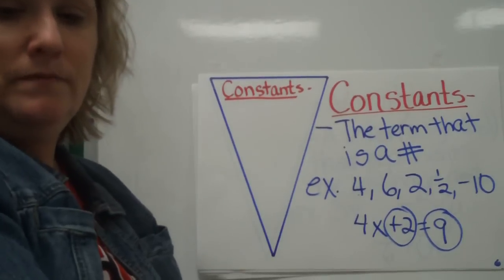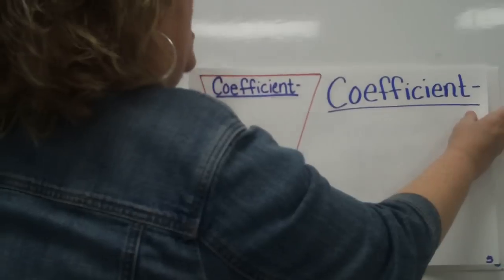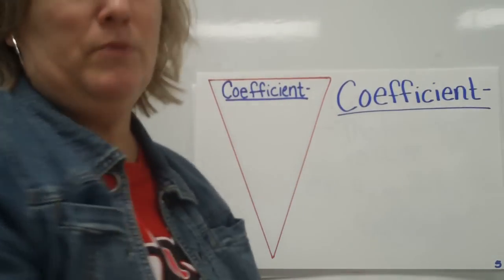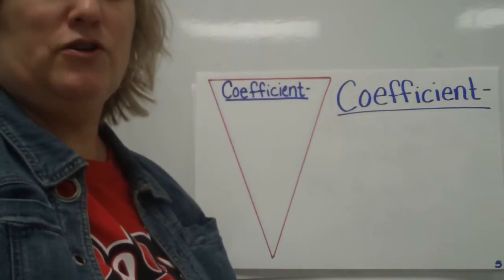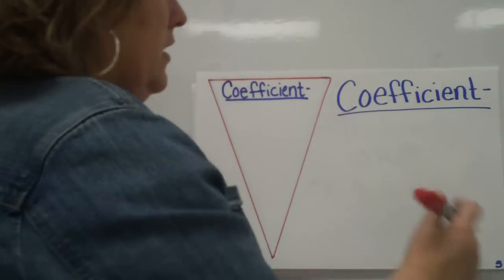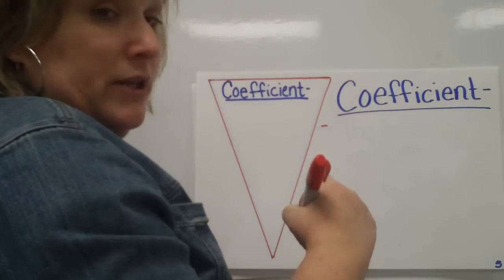Okay, the next one would be a coefficient. We'll use this term a lot, so you really need to make sure you understand what a coefficient is. All a coefficient is, it's the number value in front of a variable in a term.